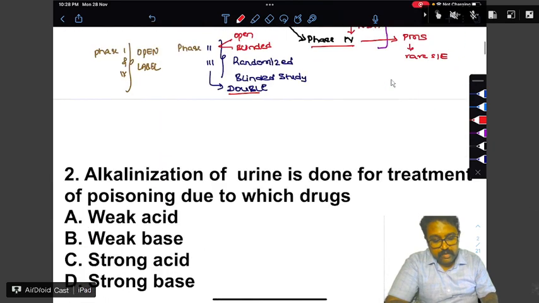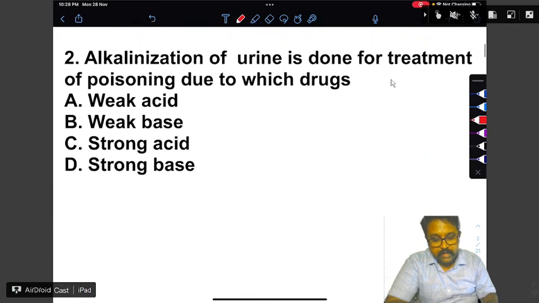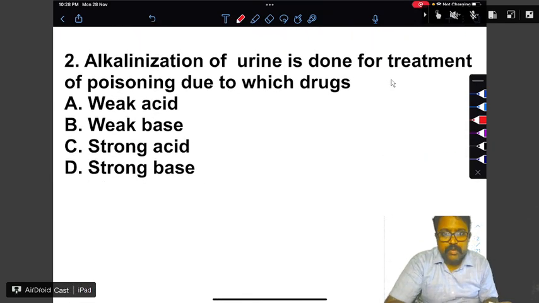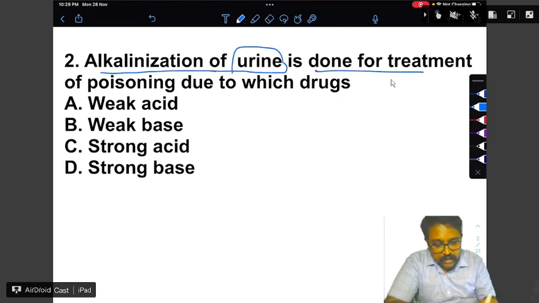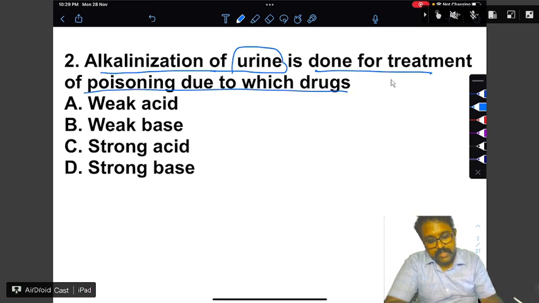So next, moving on to the second question. Alkalinization of urine is done for treatment of poisoning due to which of these drugs? Please remember it is urine. Poisoning.